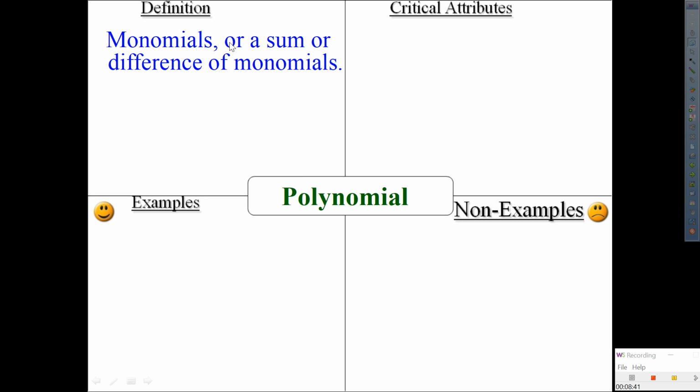Tell your neighbor the definition of polynomials.